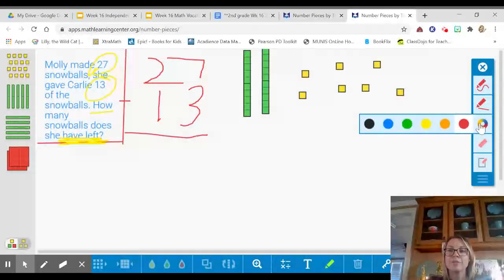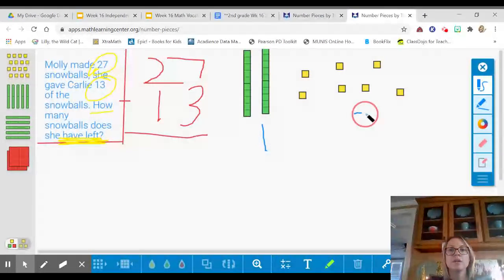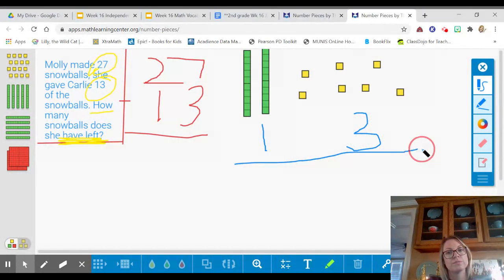Now I'm going to write my smaller number underneath. The 3 under the ones place and the 1 under the tens place. And now I'm going to subtract, and remember, subtract is to take away.